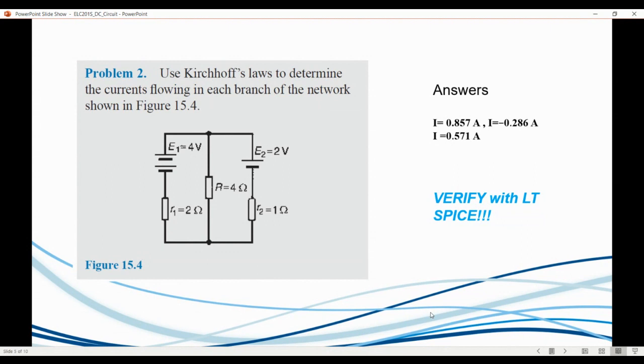We're going to have to apply Kirchhoff's laws to this particular circuit. For a normal circuit, it wouldn't be that easy to use our normal laws because now we have two voltage sources, so we have to play around with what we're doing.